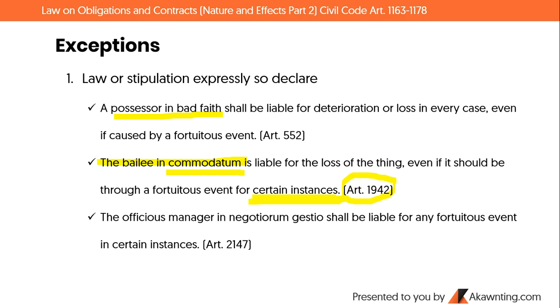Okay. So, the officious manager in negotiorum gestio shall be liable for any fortuitous event in certain instances.